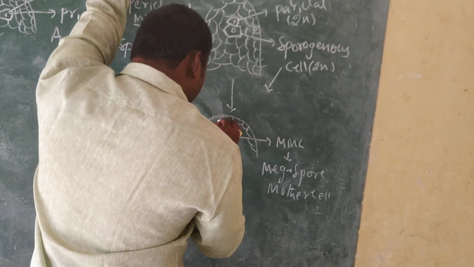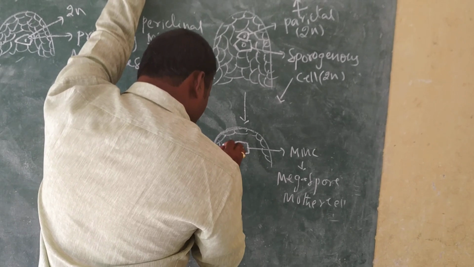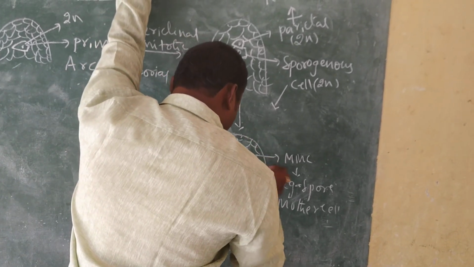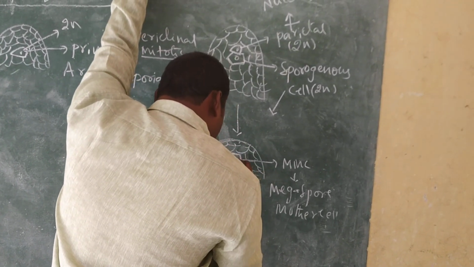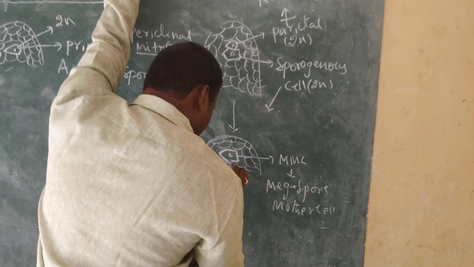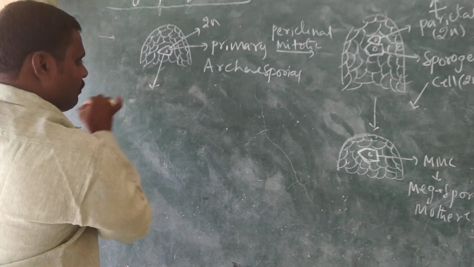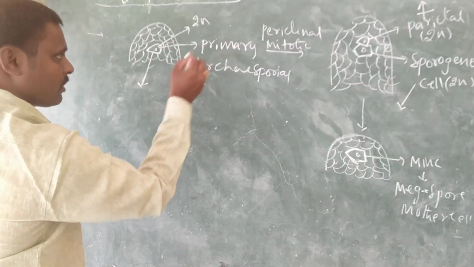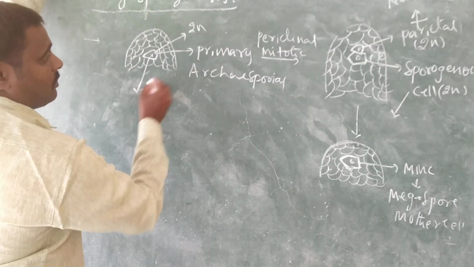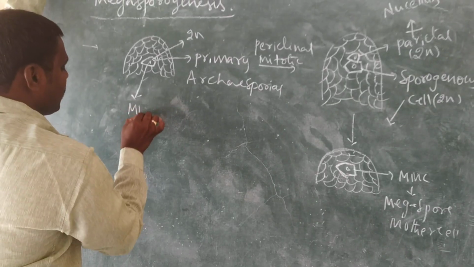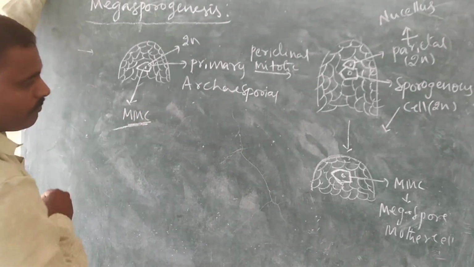But in some members of the angiosperms, not all, the primary archisporial cell directly develops into the MMC.